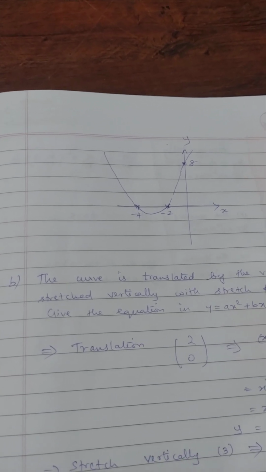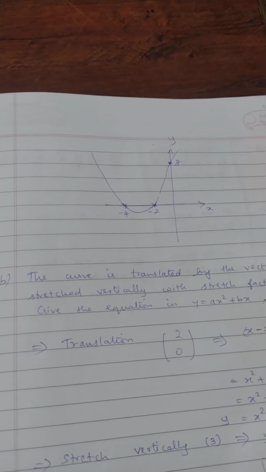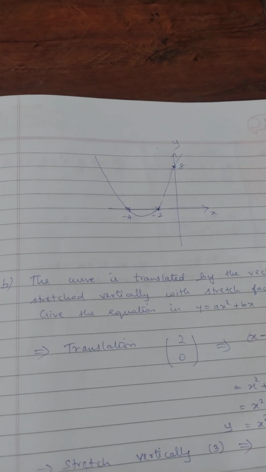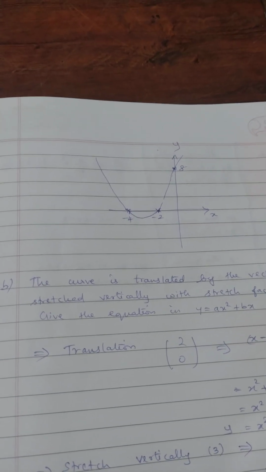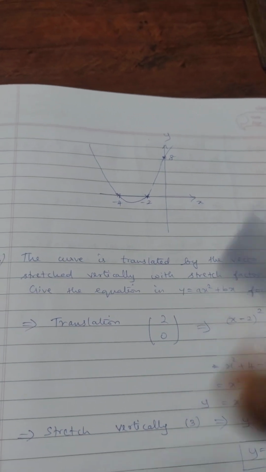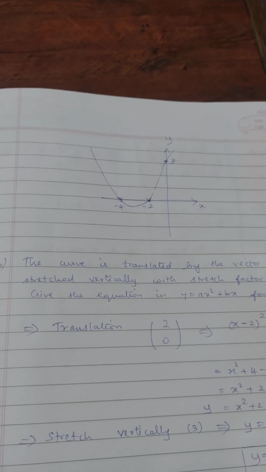If it's going to cross the x-axis, that means y is equal to 0. So on the x-axis y is equal to 0, and on the y-axis x is equal to 0. You should always keep that in mind before solving your answers, and after finding the points, you just plot those points and sketch them.